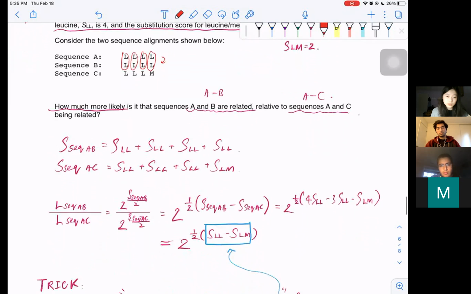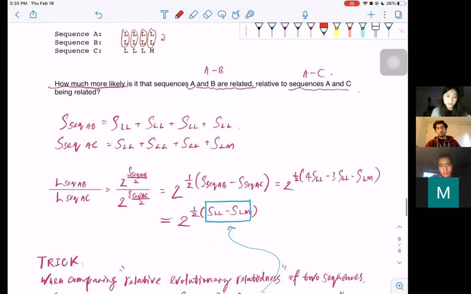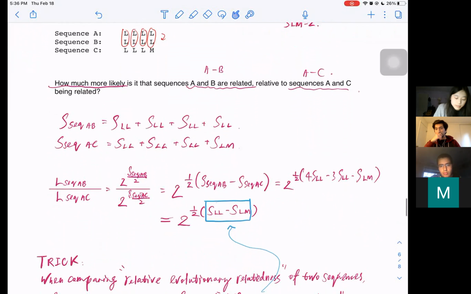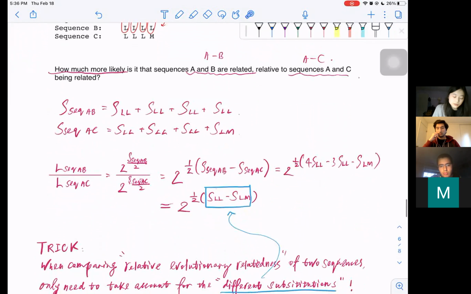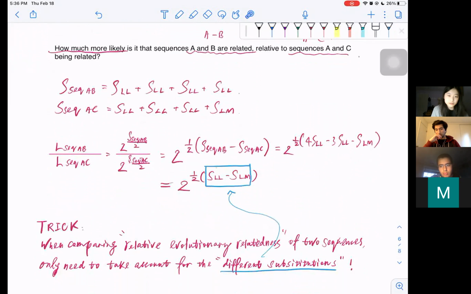But what I really want to talk about is that you can use a trick and just account for the difference in the substitutions, ignoring all the similar substitutions. How do you understand that? It's a simple math derivation.